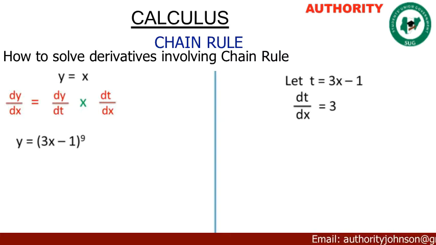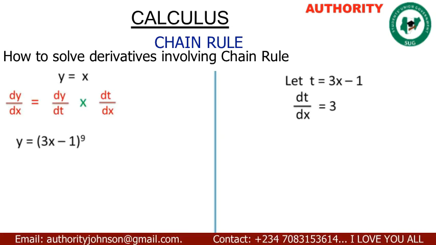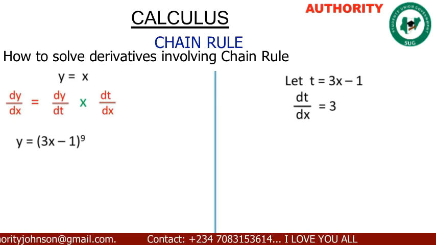When you differentiate t with respect to x, and the function t is equal to 3x minus 1, we are going to have 3. So that means we are having dt over dx is equal to 3. Hold it.